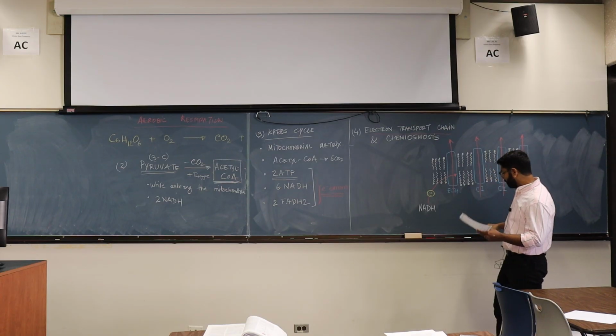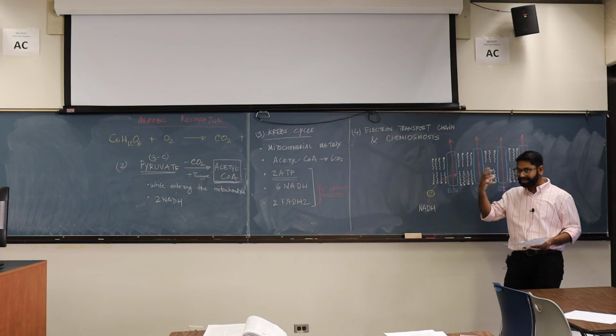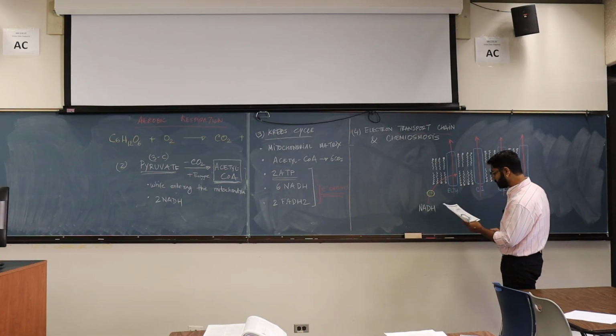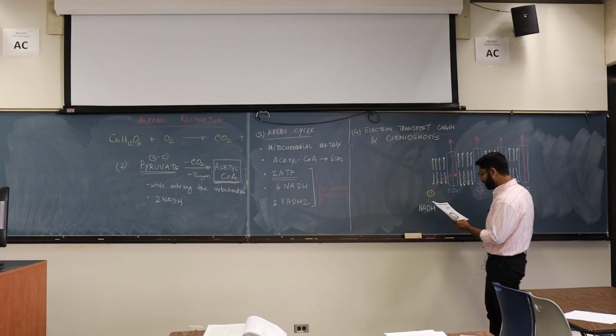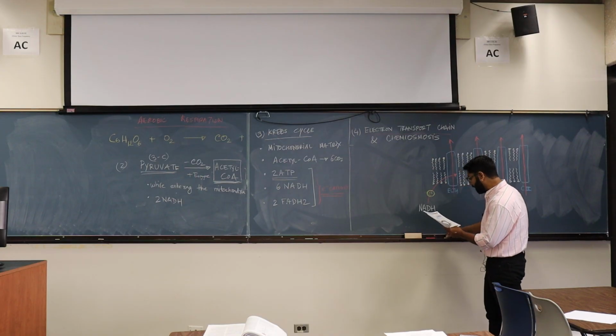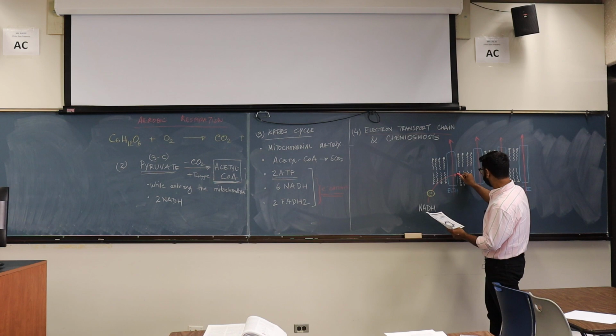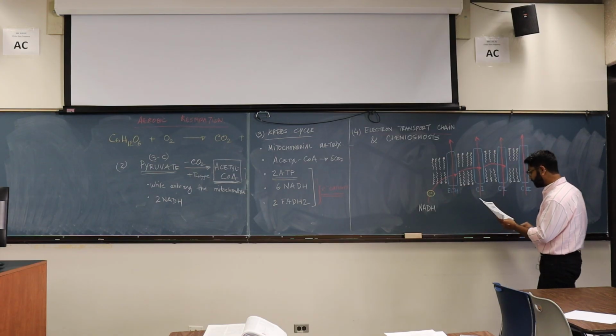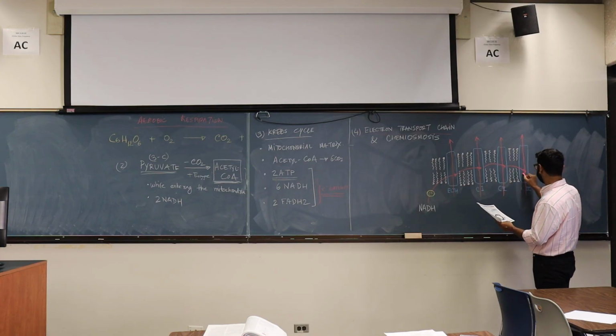When it dumps these electrons, it is actually creating an electron gradient, right? So it is dumping its electrons. What happens then is this electron gets transferred to the next. This electron is then transferred to this, then to this, and then to this.